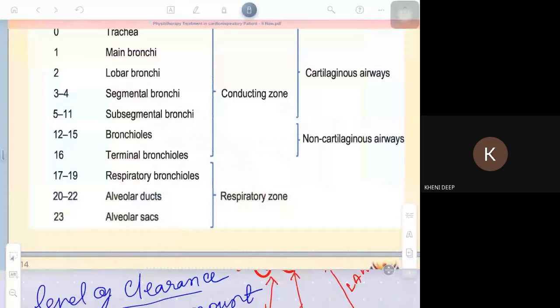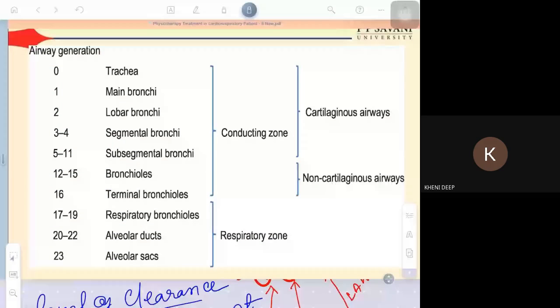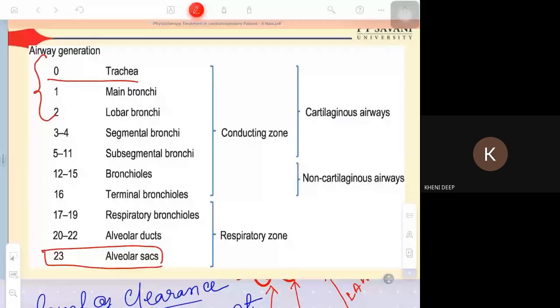There are a total of 23 airway generations. Trachea is considered 0, and alveolar sac is considered number 23. So this is called upper airway, this is called lower airway, this is middle airway.